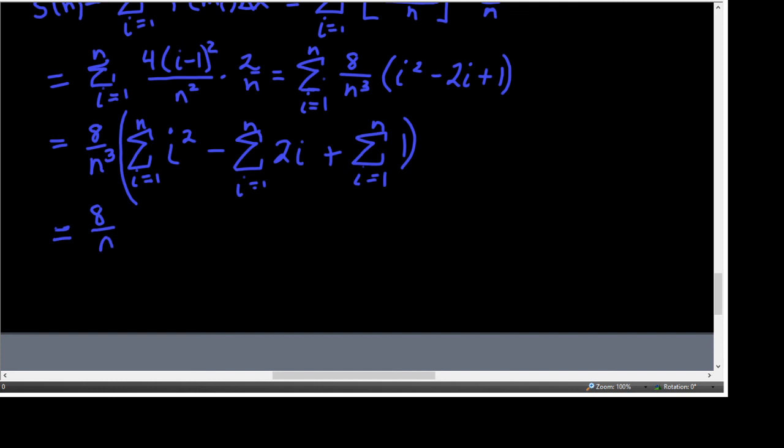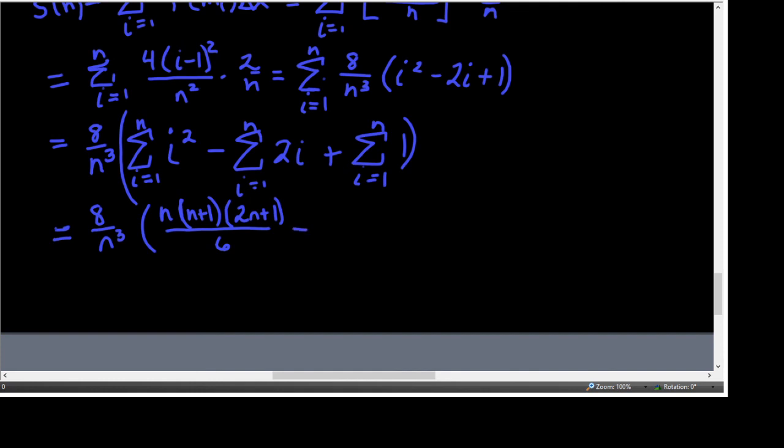This is going to be 8 over n cubed. The sigma i squared formula, if you'll recall, is n times (n plus 1) times (2n plus 1) all over 6. Minus.